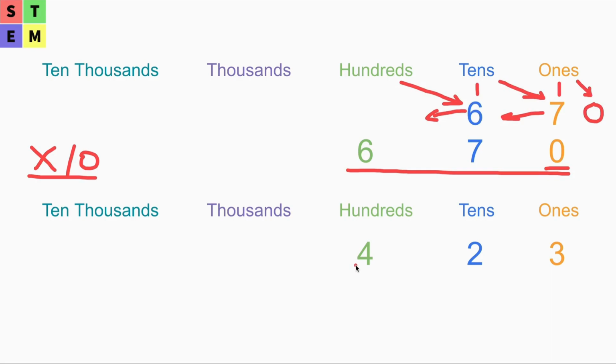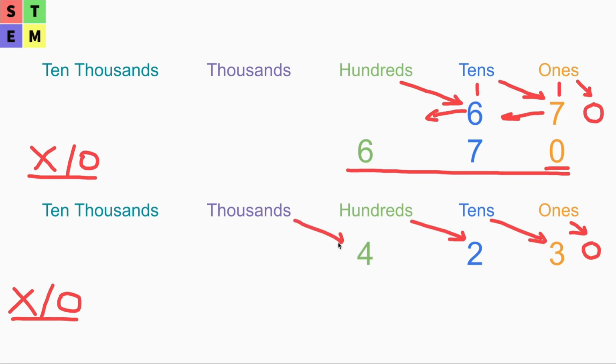All right, so the next one is 423 here. If we want to multiply 423 times 10, what are we going to do? Again, we are going to add a 0 at the end. That means ones go from 3 ones to 0 ones, the tens place goes from 2 tens to 3 tens, the hundreds place goes from 400s to 200s, and the thousands place was empty, but now it has 4.